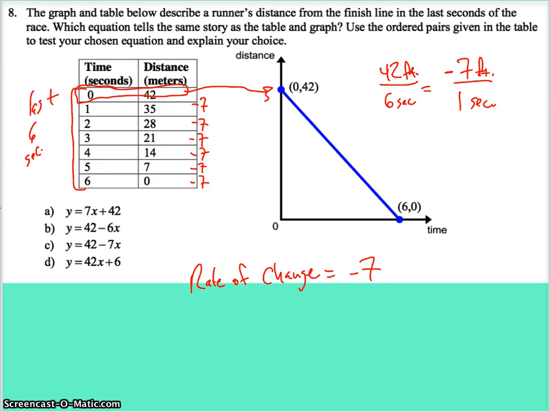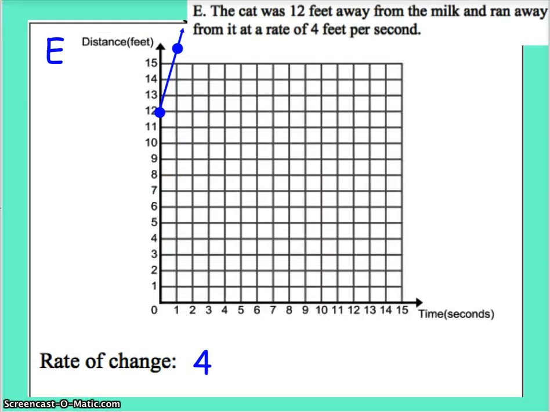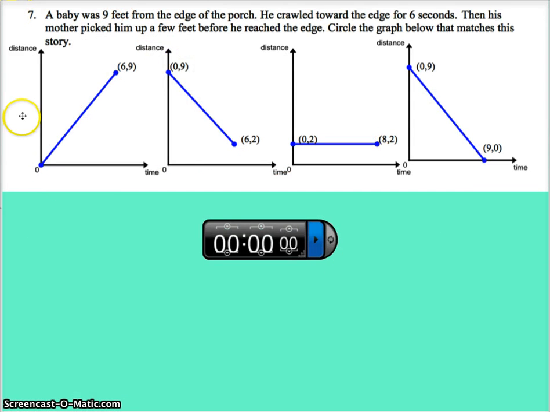Okay, so let's go back here. I jumped ahead accidentally. So here's question 7. We have a situation where we've got to look at the story and compare it to the graph. We have the situation right here where the baby is 9 feet from the edge and he's crawling towards it for 6 seconds. But then he gets picked up and he never reaches the edge.